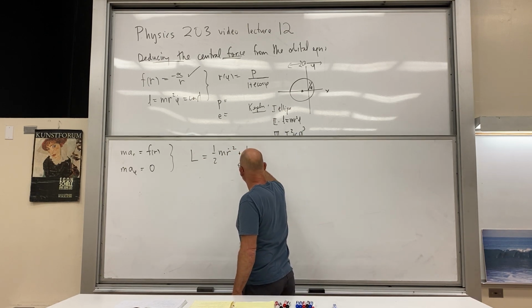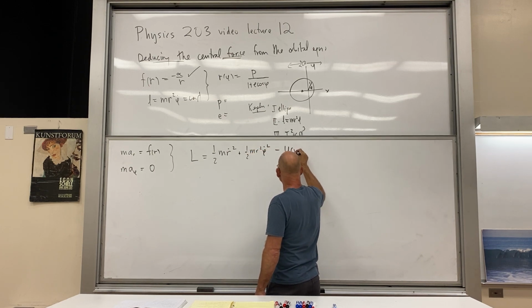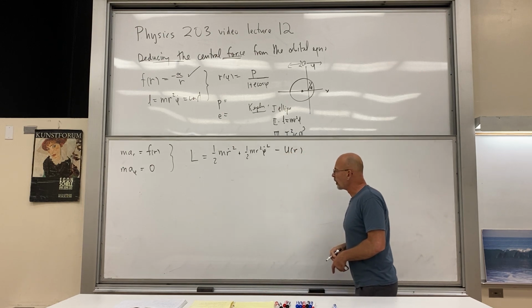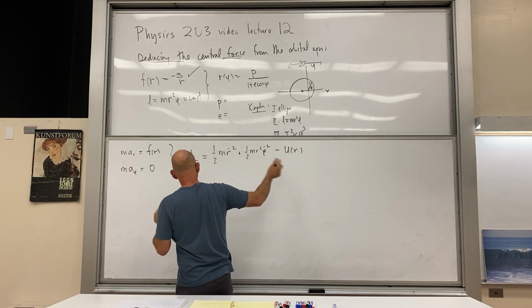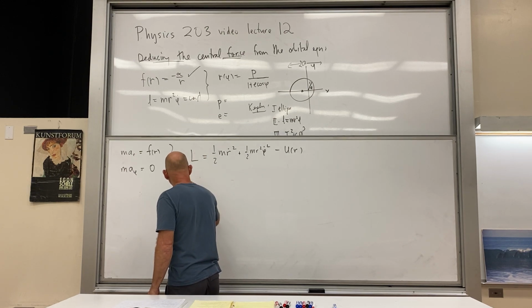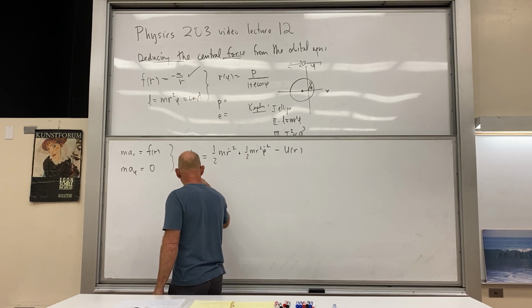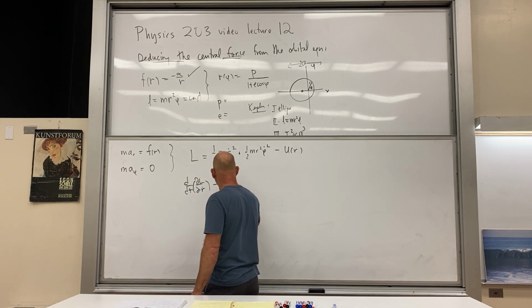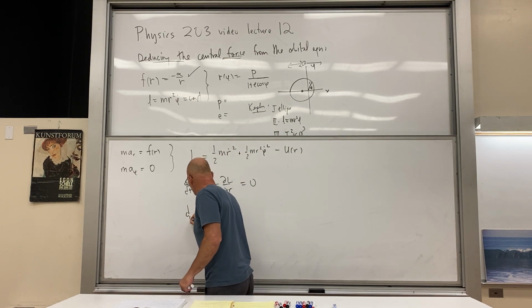So we have a half m r squared phi dot squared minus u of r. Okay. So the Euler-Lagrange equations, and got enough room here to the right, so I'll just start. We have one for r, and we have one for phi.